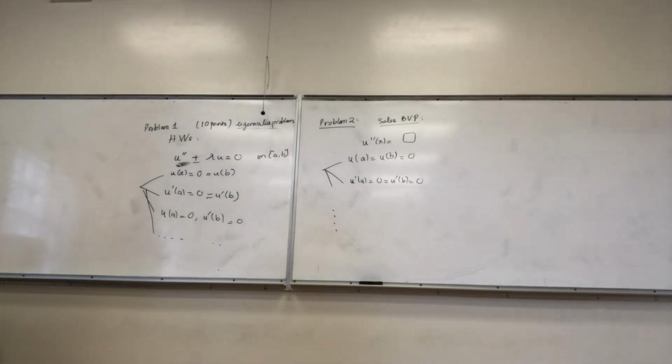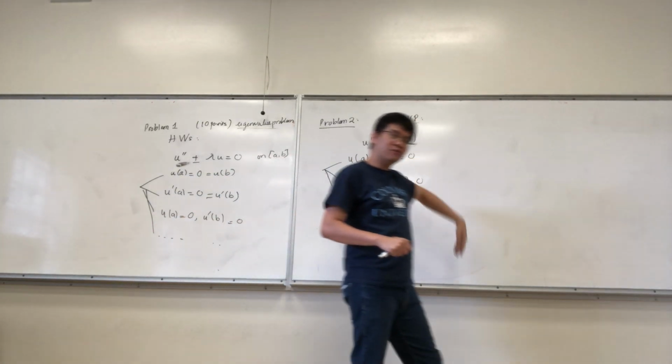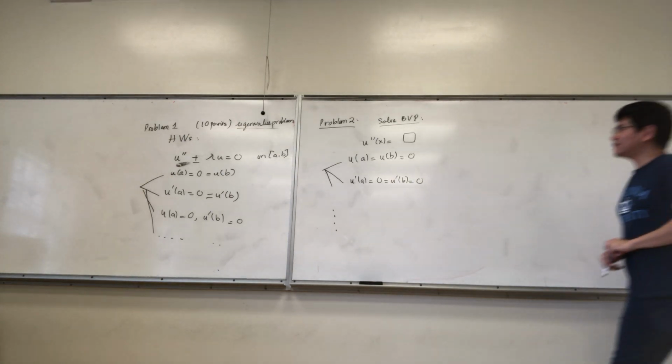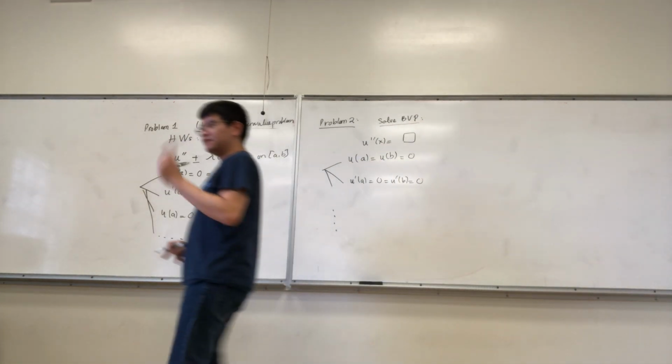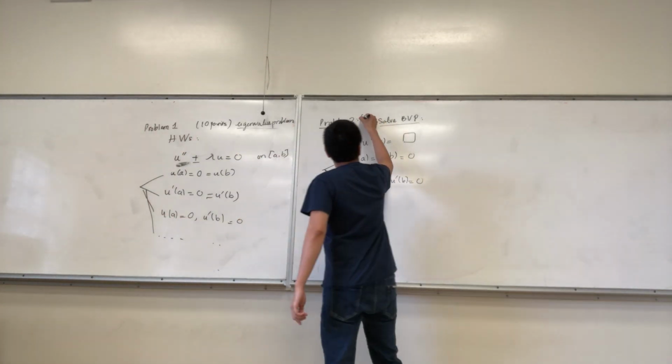And how do you solve the boundary value problem in the second question? You have to set up the eigenvalue problem, you solve it, and you find a basis to expand them. This is number 2. And question number 4 is optional. So the total points is 20.